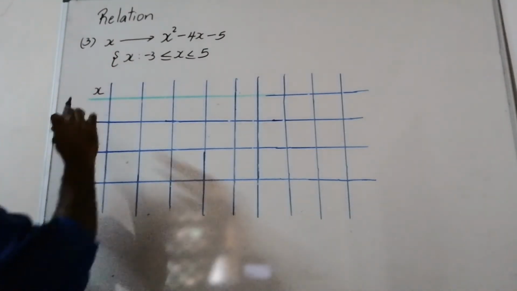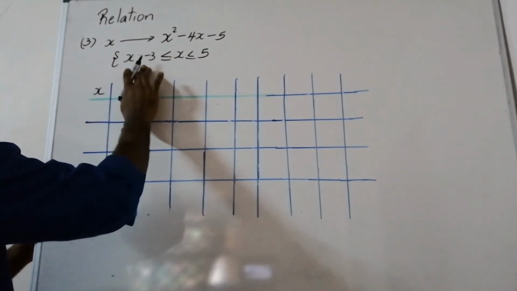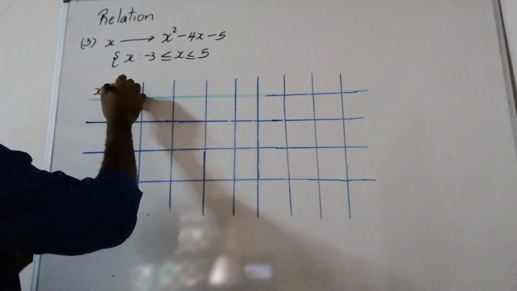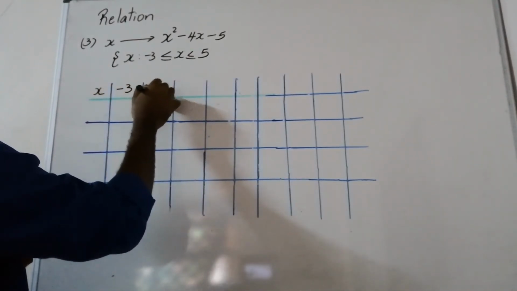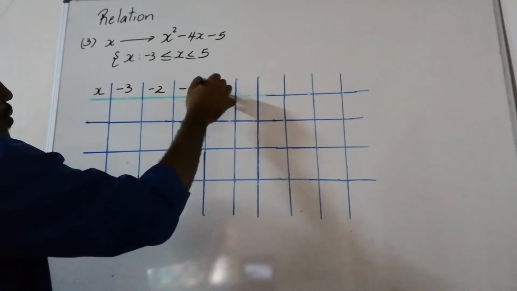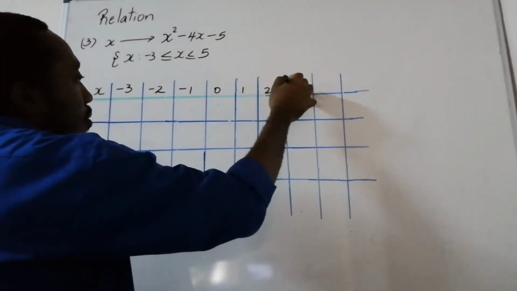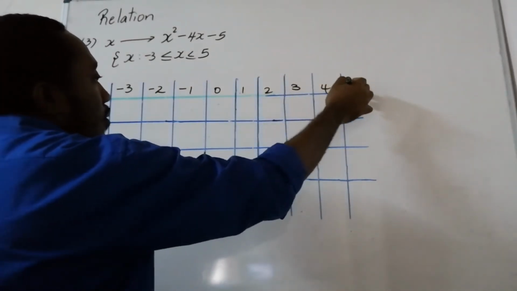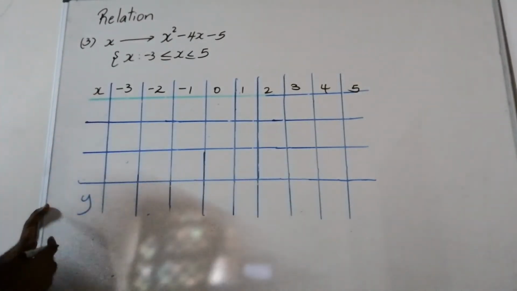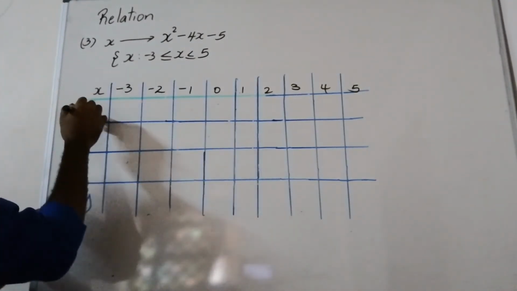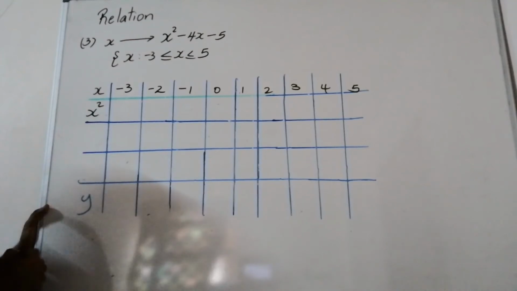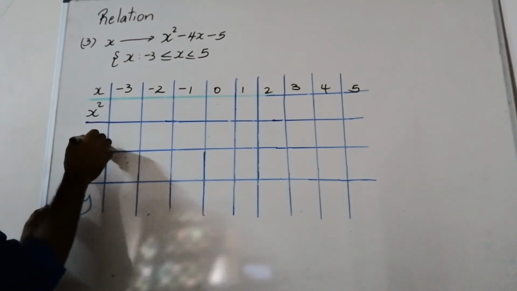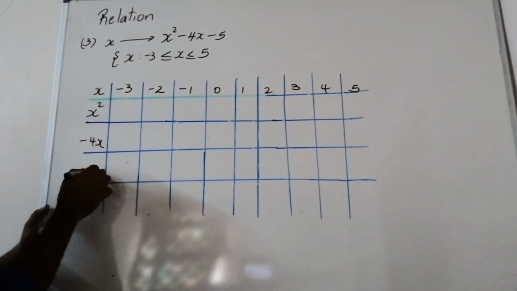So our x values start from negative 3 to positive 5. Now our rule says first x squared, then minus 4x, then take 5.